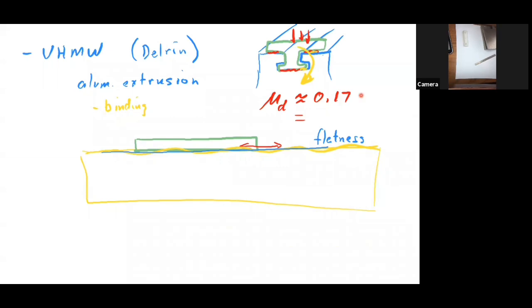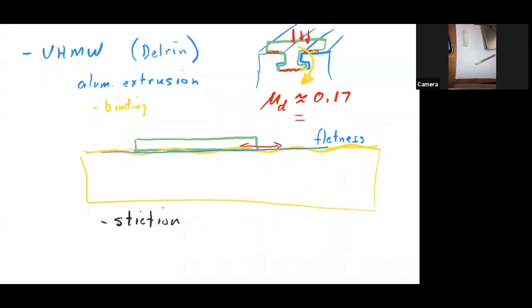So it seems really ideal, except the static friction is really high. Now, why does that matter? I'm going to introduce something right now called stiction, and this is going to carry through all of our discussions. There's no official thing called stiction, but it's a term that all linear bearing manufacturers will use.